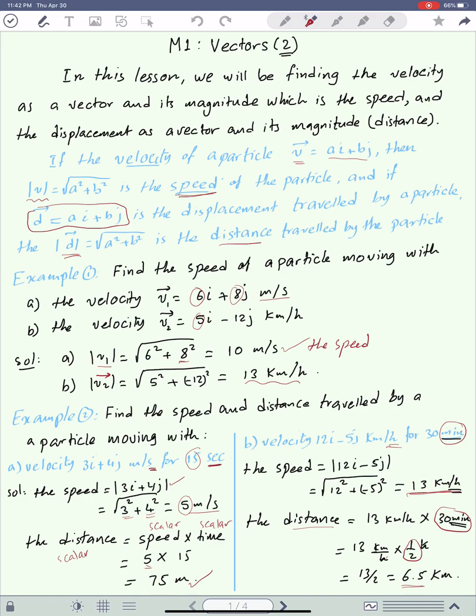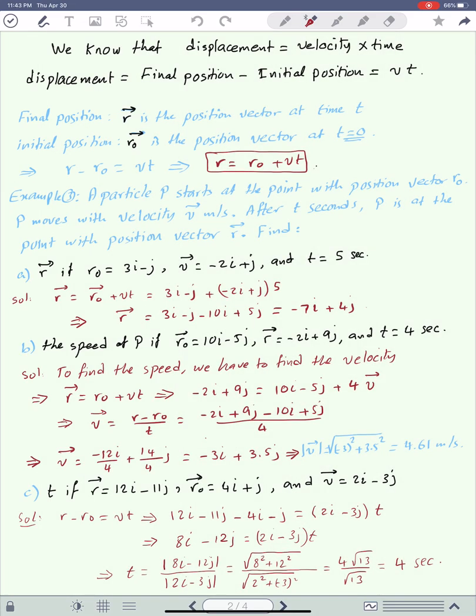This is an introduction, so we might be asked deeper, more complex questions, a more difficult level of problems in M1 questions. So we discuss them now. We know that displacement is equal to velocity times time.